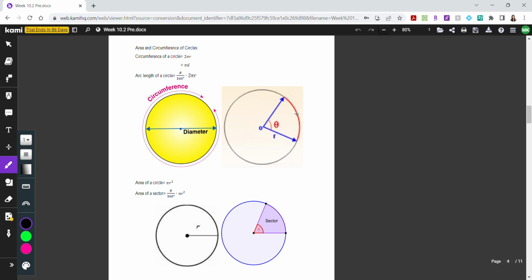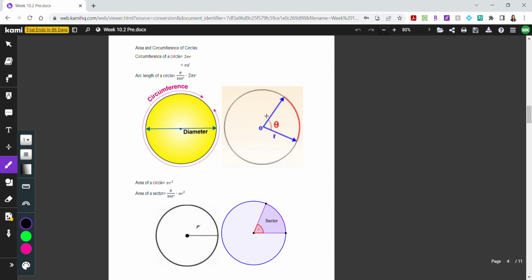Now to find the arc length, so not the entire circumference but part of it, you would use 2 pi r, or you could also just use pi d in this case. But to find a specific arc length, you're going to take theta, the angle that you're given, divided by 360, because you want to find the fraction of the circle that you want.